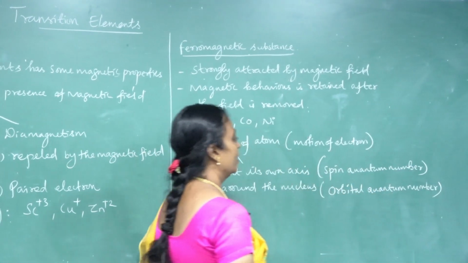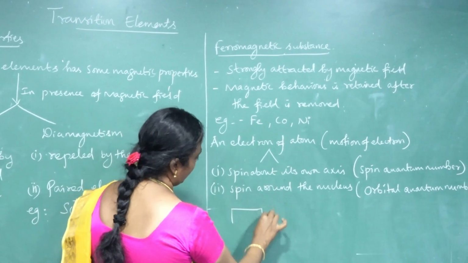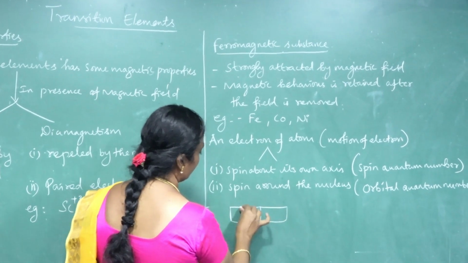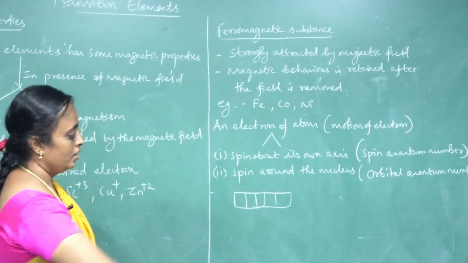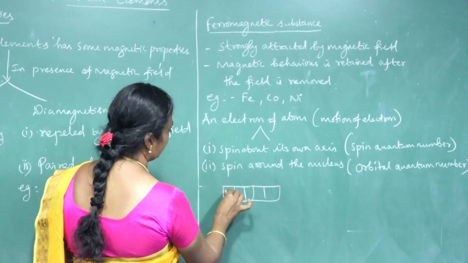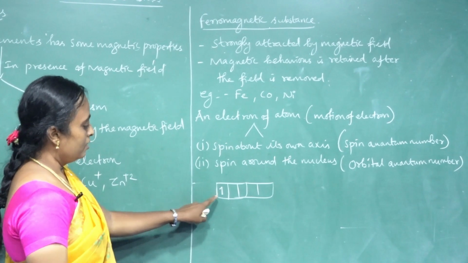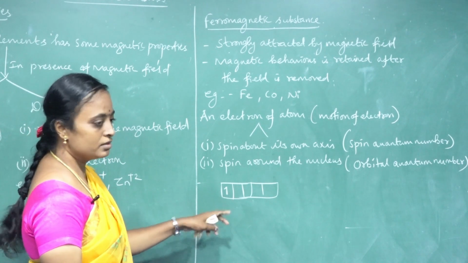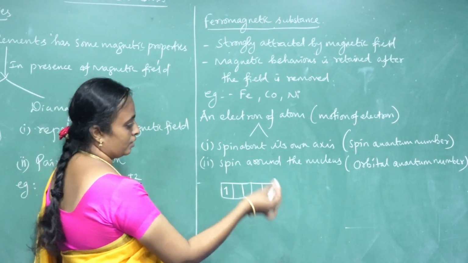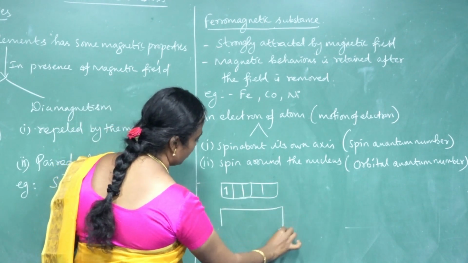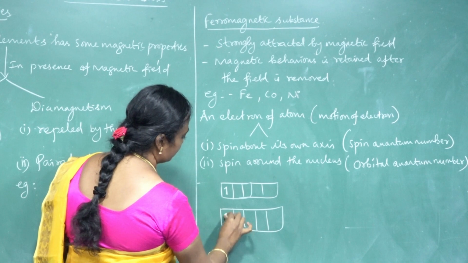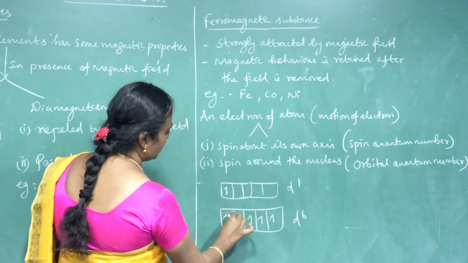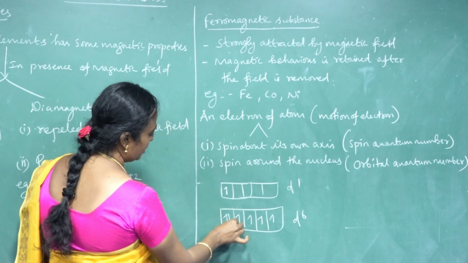If we are talking about a transition element, take a d orbital. If I take only one electron in the orbital, this one electron creates a magnetic field about its axis, moving in one direction. Suppose you consider a d orbital with one more electron in the same orbital.